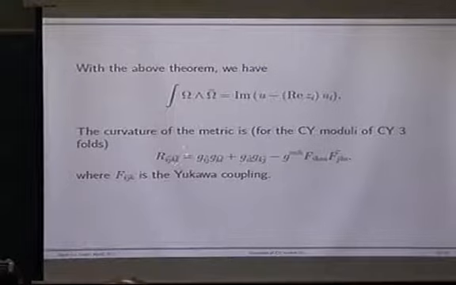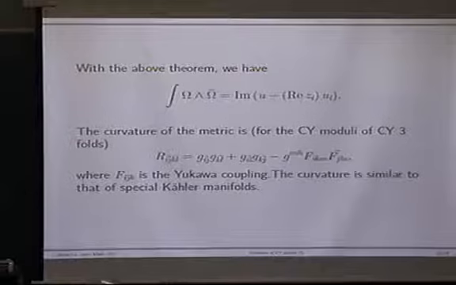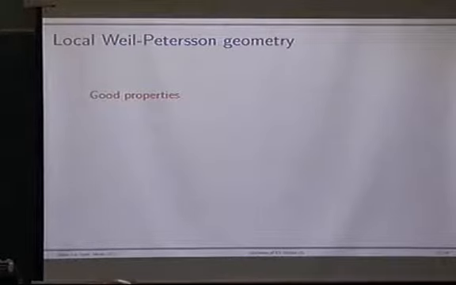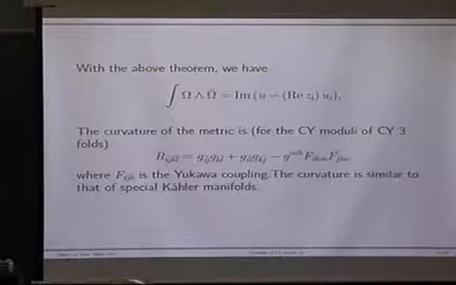But if you take the second derivative of this curvature tensor, then you will get something just like you get from special Kähler manifolds. So this curvature is similar to that of special Kähler manifolds. It means it's hyperbolic space, which happens sometimes.